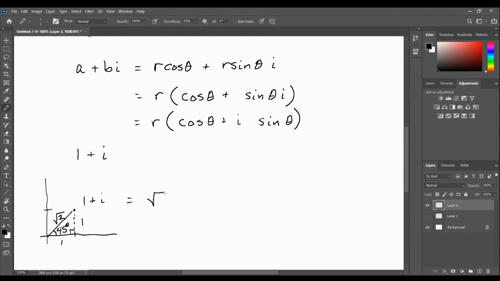r is root 2 times cosine 45 degrees plus i sine 45 degrees. That's the same thing as 1 plus i.